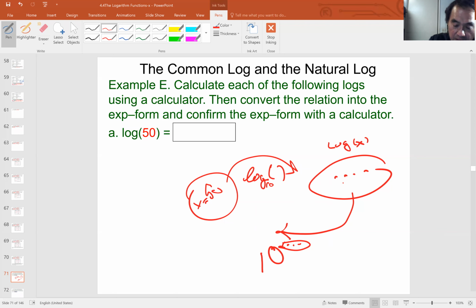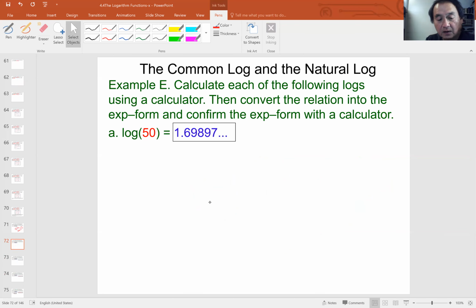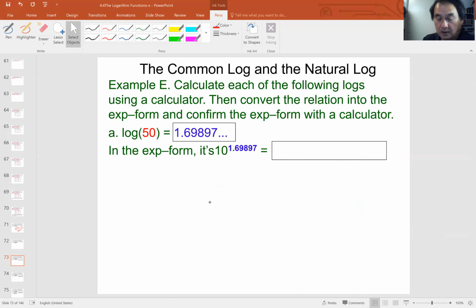When I put this number up here, the output should be 50, and this is a round trip. If log 50 is 1.69 and so on, and I raise 10 to that power, and you punch it in, I almost get 50. The difference is the roundoff error, because computers only calculate so many digits, and these are supposed to be infinitely many digits. So this is one round trip.